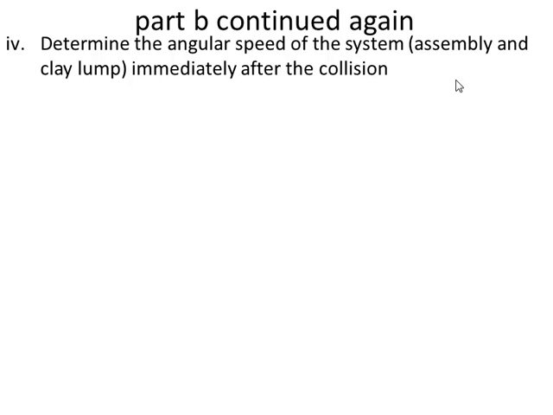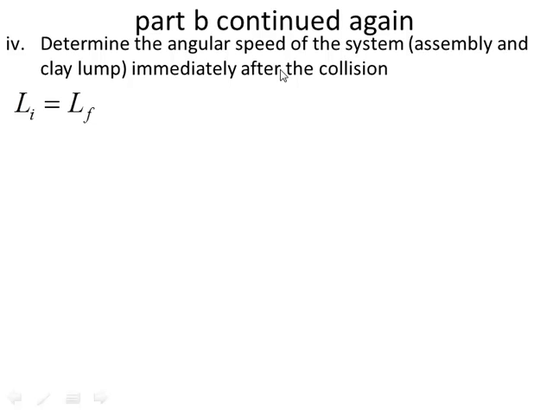Part 4 of Part B asks us to determine the angular speed of the system immediately after the collision. So as I was pointing out before, the whole system will rotate. So in this case, we need to think about conservation of angular momentum. The initial angular momentum equals the final angular momentum. Now you may think, why does it have an initial angular momentum?